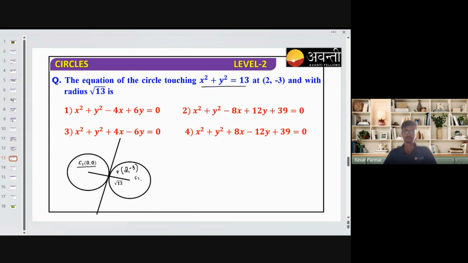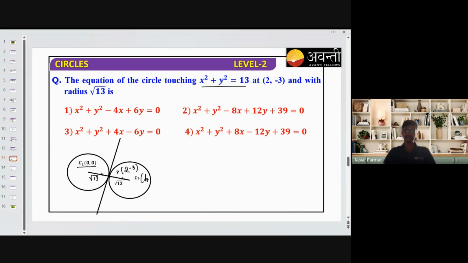This circle's radius is also root 13. See, x square plus y square equals 13. So this circle's radius is also root 13. That means P is the midpoint of C1 and C2. So if P is the midpoint of C1 and C2, we can use the midpoint formula.